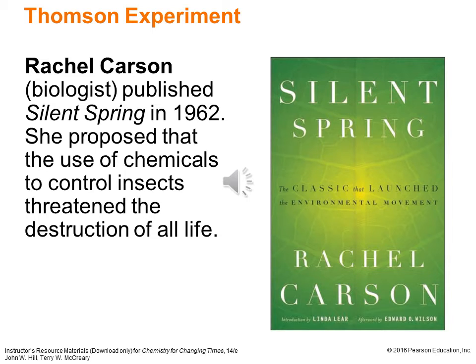Carson's Silent Spring talked about the use of chemicals to control insects, DDT in particular, as an insecticide that was making its way up the food chain, and really almost cost us our national emblem, the bald eagle. The eggshells were so thin that the eaglets weren't going to term, weren't able to survive.